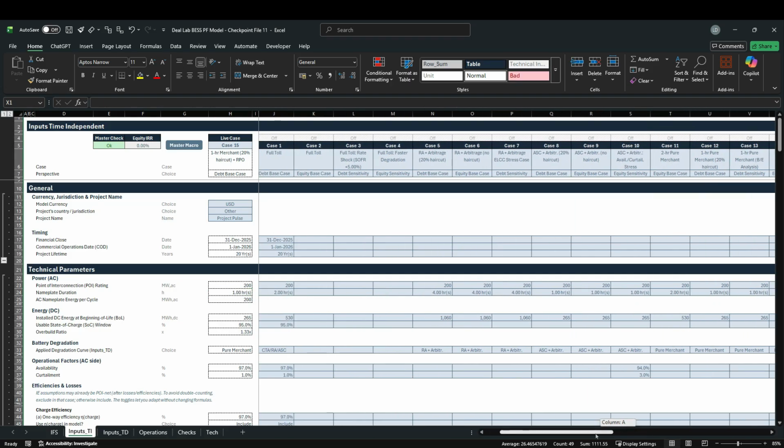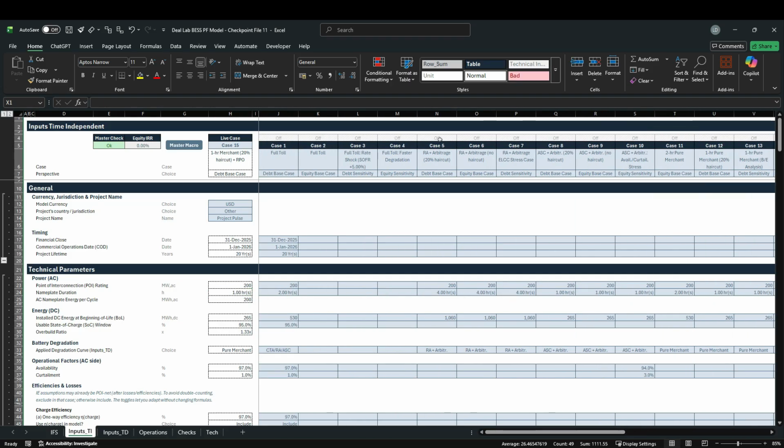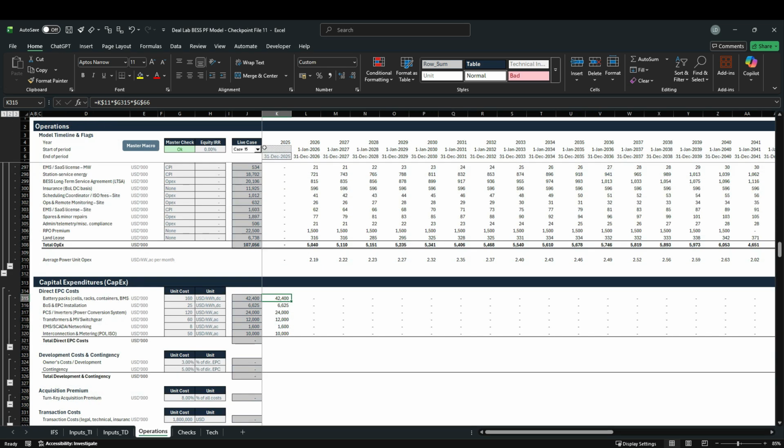But if we switch to a different case, such as our resource adequacy plus arbitrage case in case 5, you will notice that our costs for the batteries will change, but our costs for things like the power conversion system should stay the same. And the reason being is the underlying unit right here.